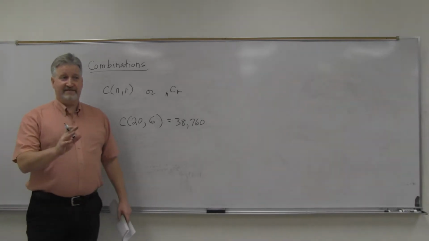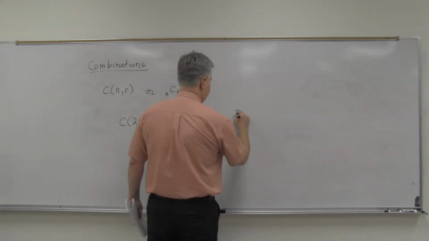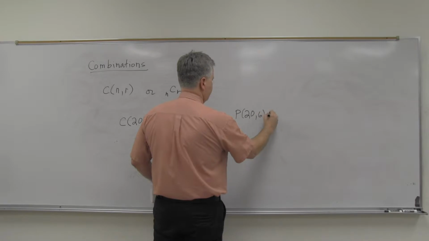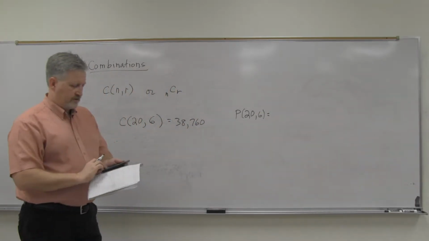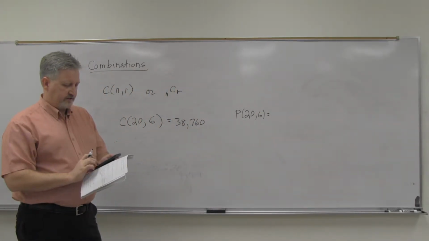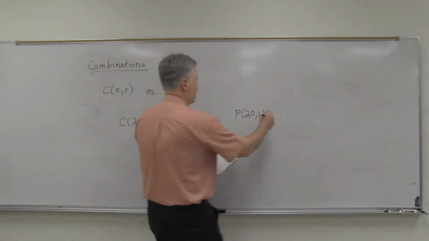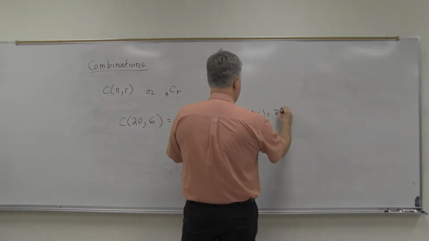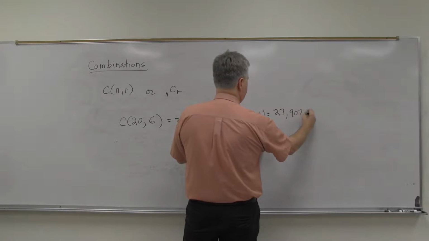Now, just for comparison's sake, let's do permutation 20 choose 6. What do you get there? 27,907,200 is what I get.